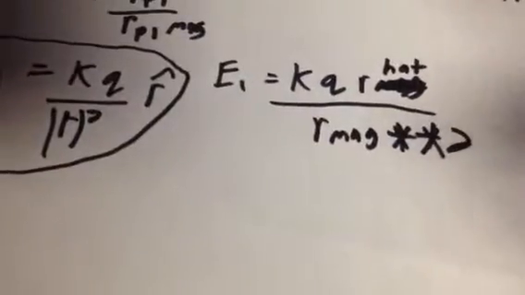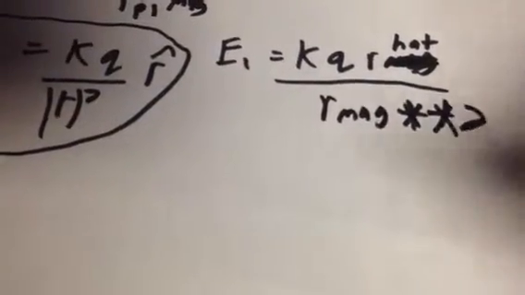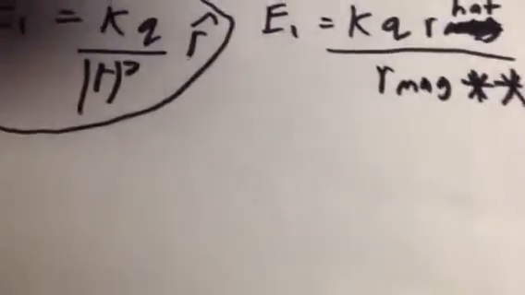So that's how you find the electric field for E1. And then you're going to repeat this each time to get the electric field E2 and E3. Exact same way, it's just going to be a plug and chug from that point on.